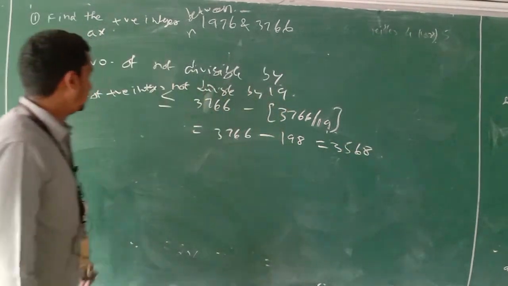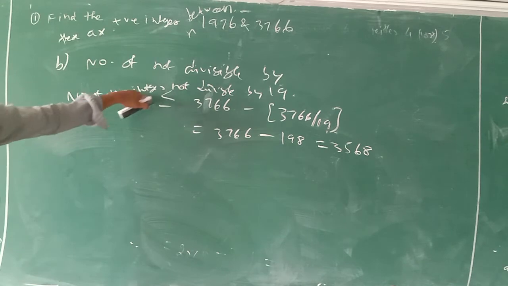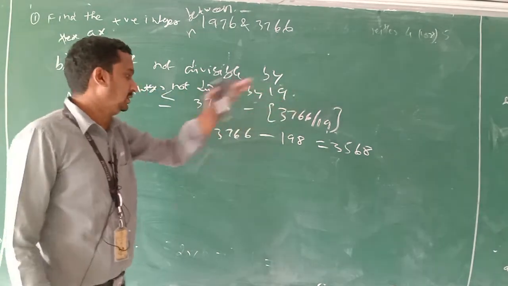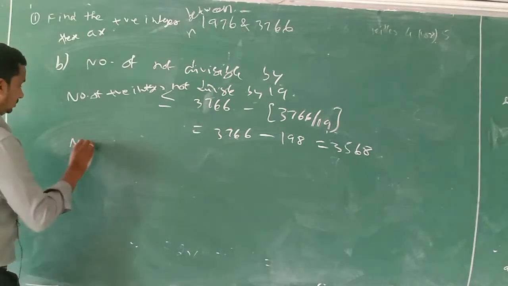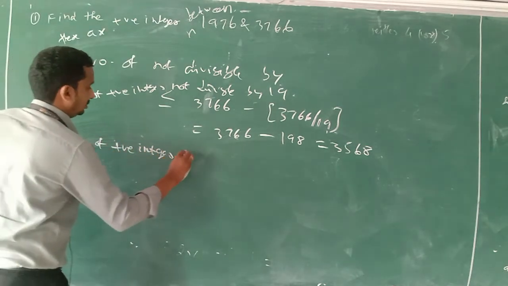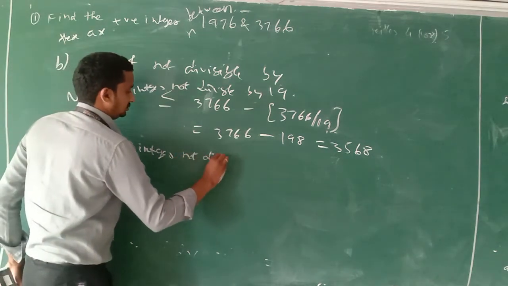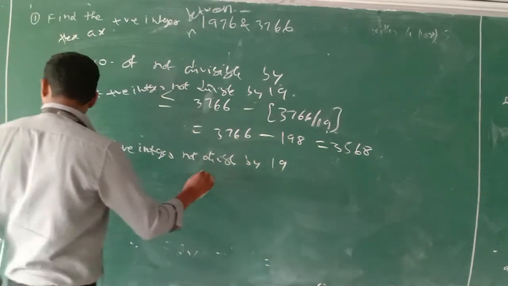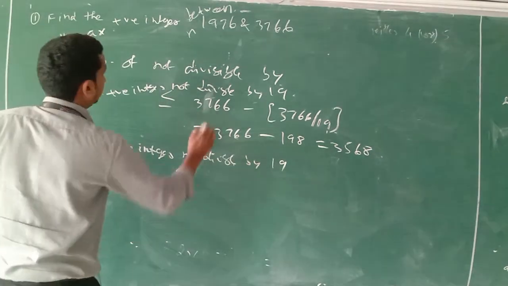Okay, this is for the number of positive integers not divisible by 19. Now come to the lower range.